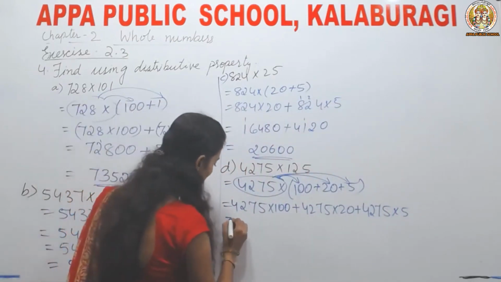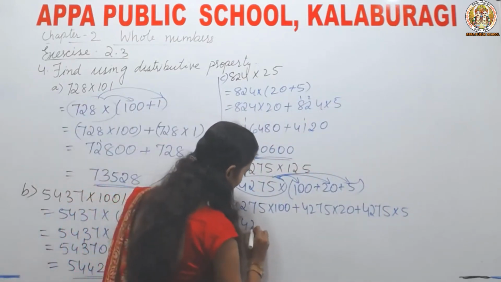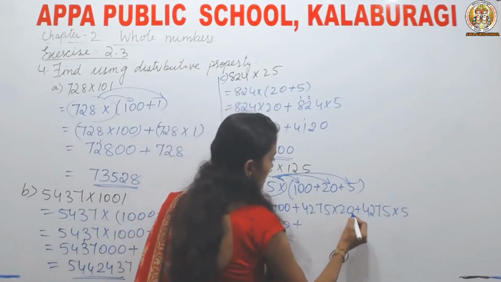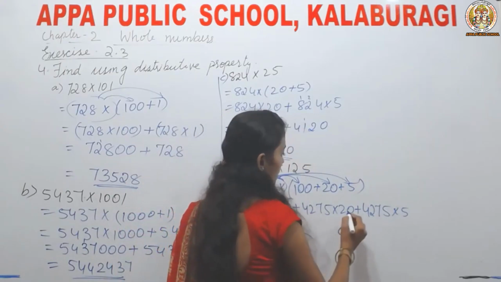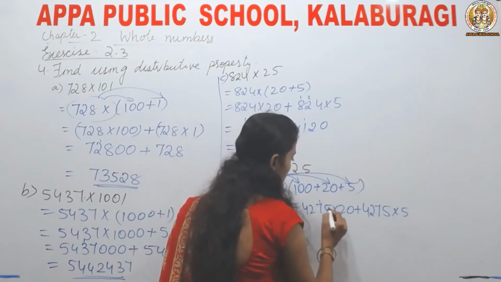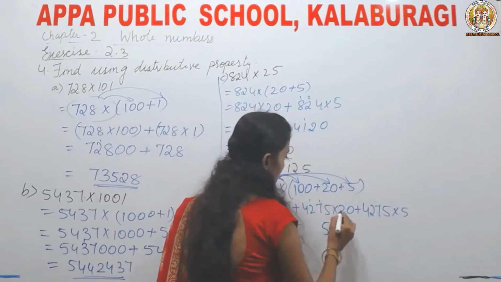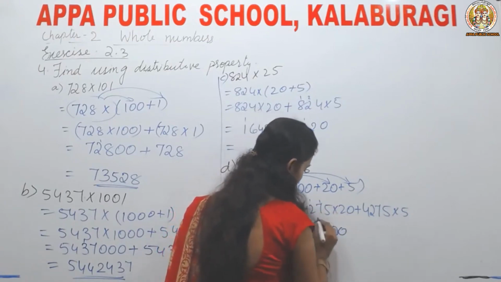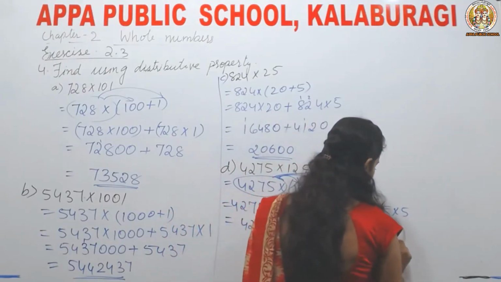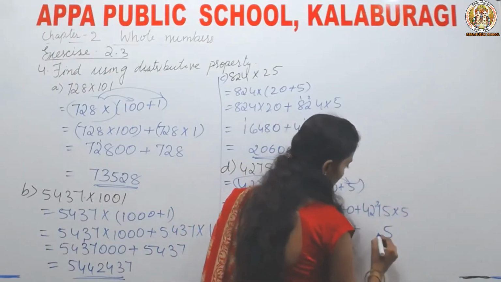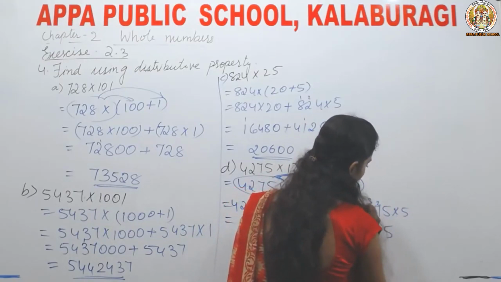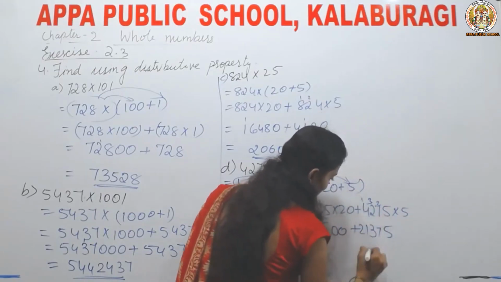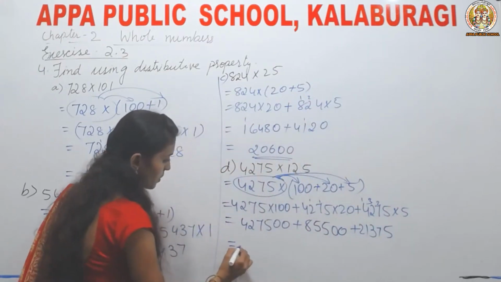Now multiply 4,275, that is 0 plus 0 as it is. 2 5s are 10, 2 7s are 14 plus 1 15, 2 2s are 4 plus 1 5, 2 4s are 8 plus 5 5s are 25, 5 7s are 35 plus 2 37, 5 2s are 10 plus 3 13, 20 plus 1 21. Now add up.